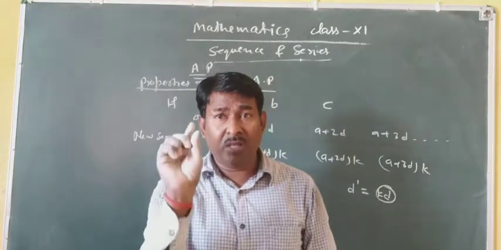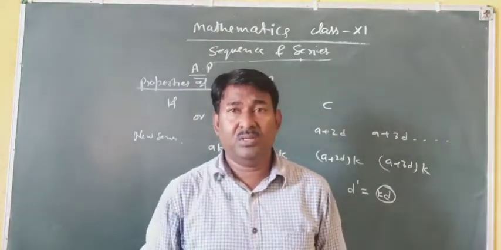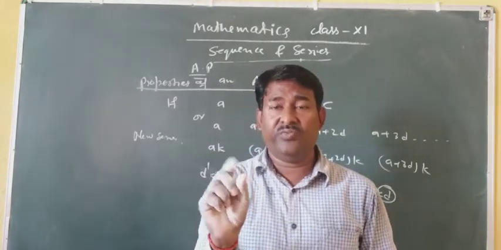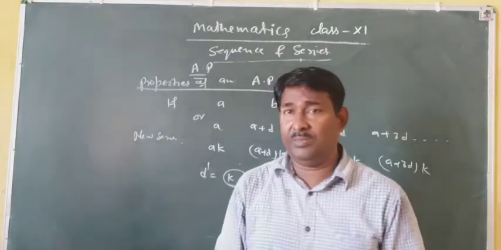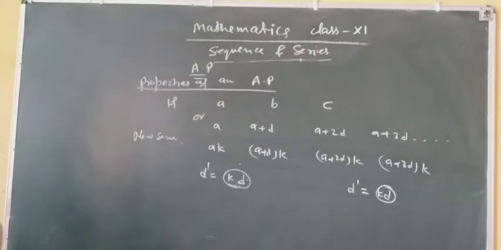Now, when we divide each term of an AP by a constant number, then the new series will again be in AP. Means here, rather than multiplication, if we divide.